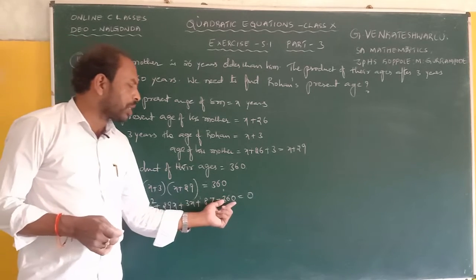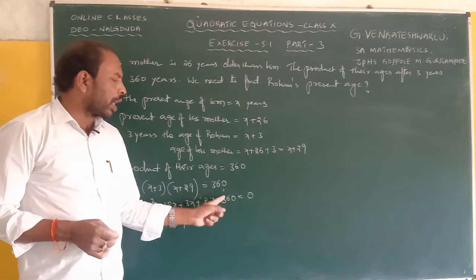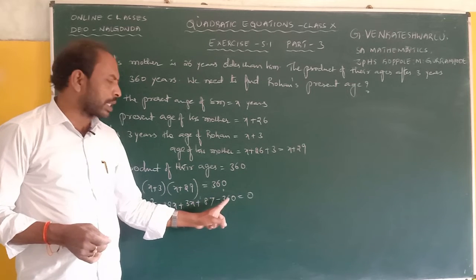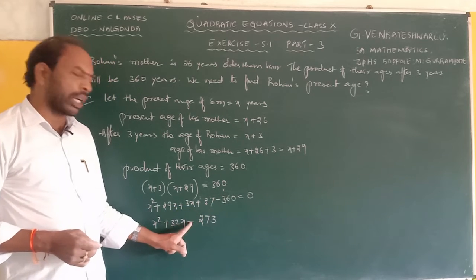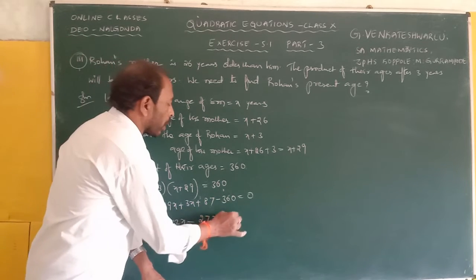According to this, the absolute value of 360 is the biggest term, which is assigned the negative sign. That's why the negative sign is taken, equal to 0.